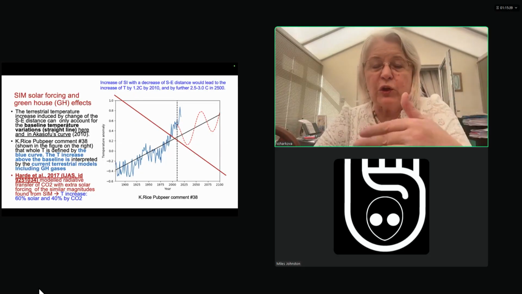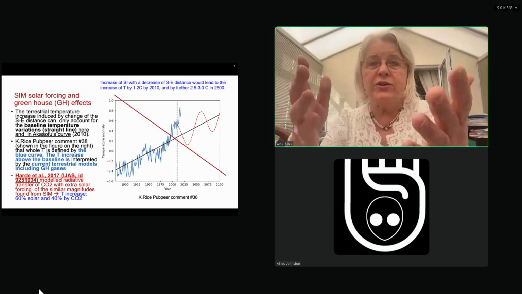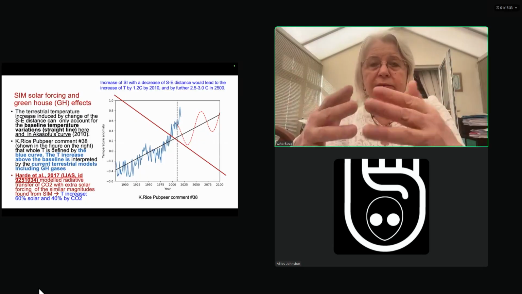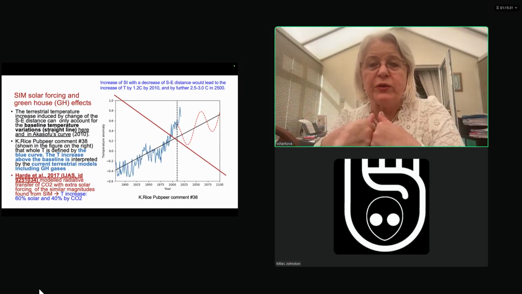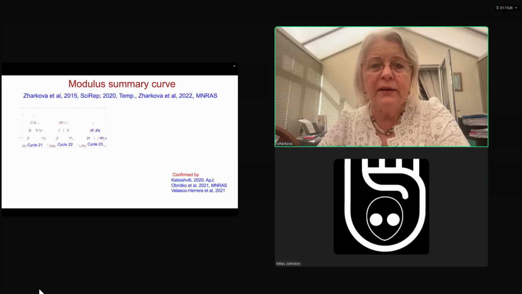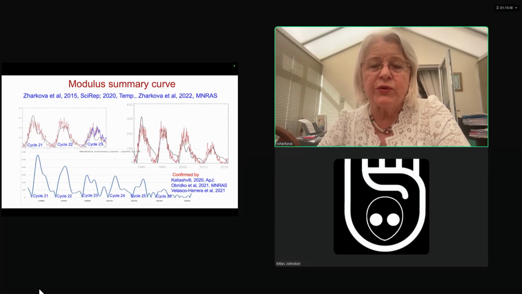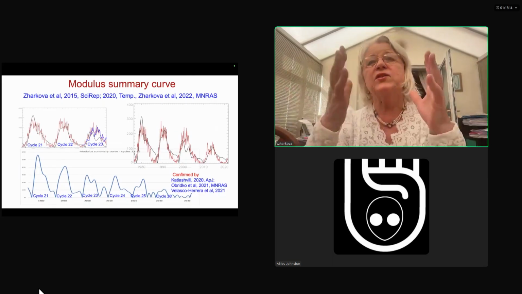The sun is even closer to us, we know that from its inertial motion. It will be coming only closer to us, and the temperature will still be increasing by 2.5, 3 degrees.